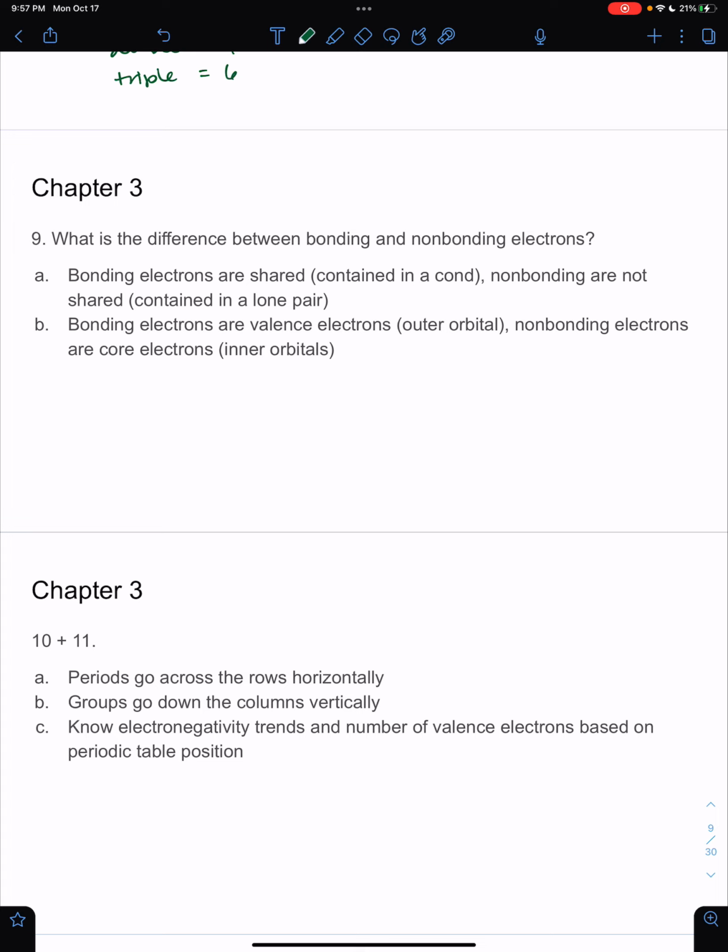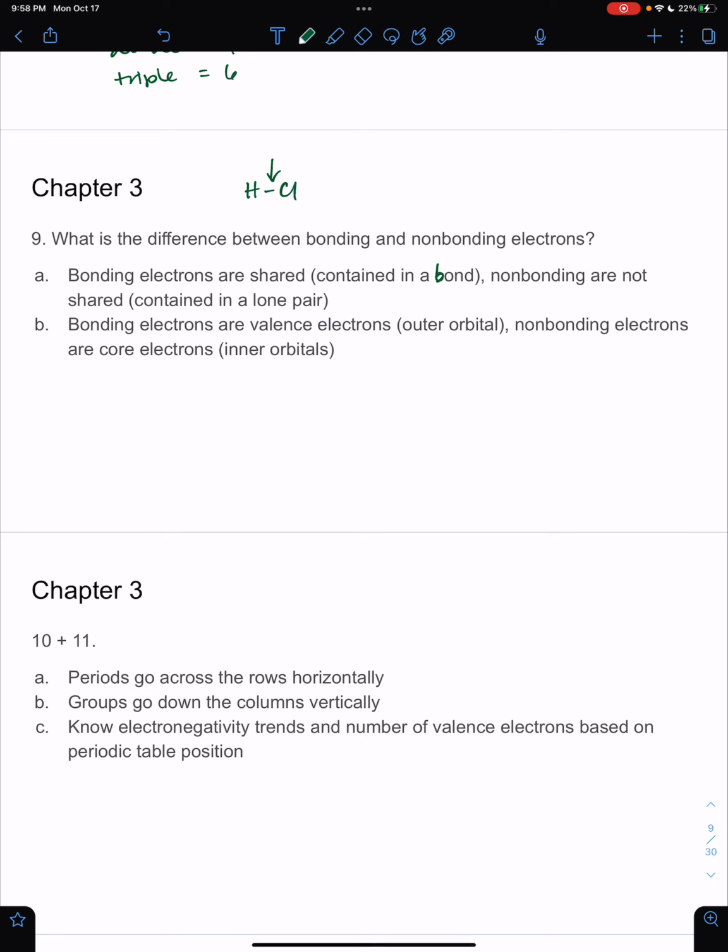Number 9 says, what is the difference between bonding and non-bonding electrons? So this one's not a multiple choice question. I just wrote some information that I think would be helpful for this question. Oops, this is supposed to say bond. Okay, so bonding electrons are always shared. They're contained in a bond, like this.